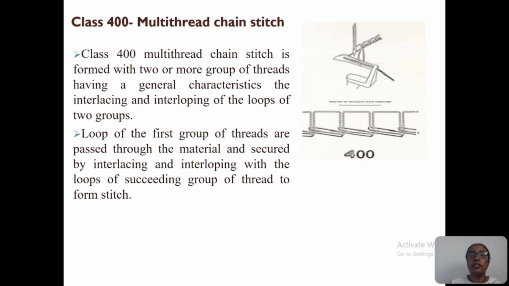These are class 400. This one is the looper, and this one is the needle. So using these two types of thread, this class 400 stitch is a multi-thread chain stitch.